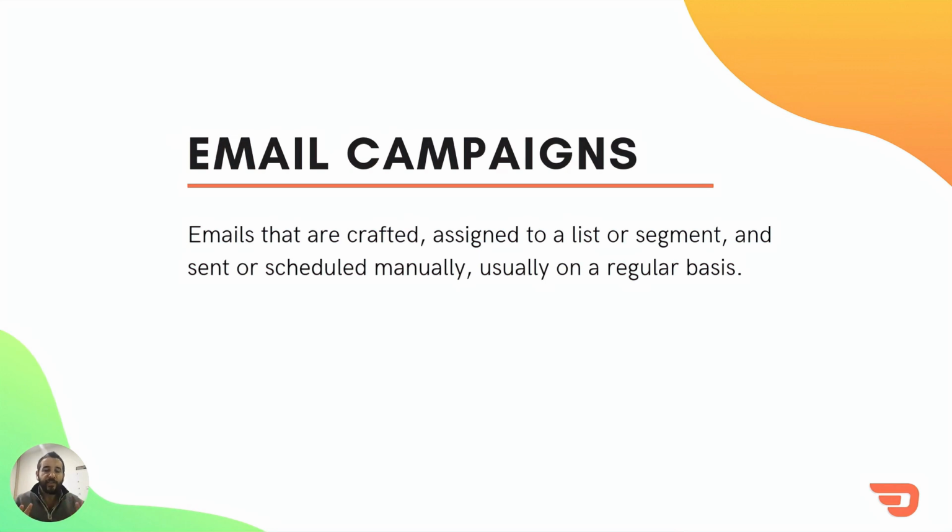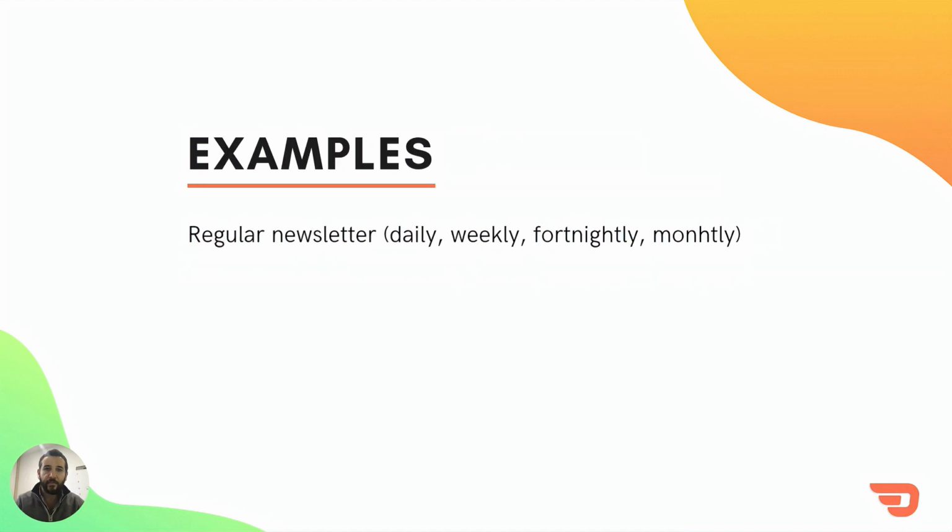So in contrast to automated emails that you might have already set up, email campaigns refer to emails that you send to your audience that are not automatically triggered by some type of behavior on the part of customers. They're crafted, designed, and deliberately designed for a list or segment, and then they're sent or scheduled manually, usually on a regular or semi-regular basis.